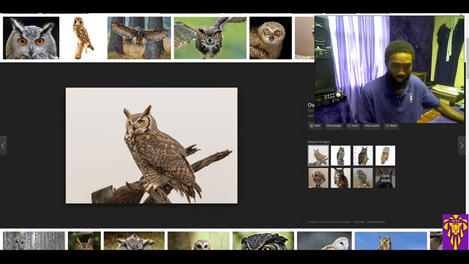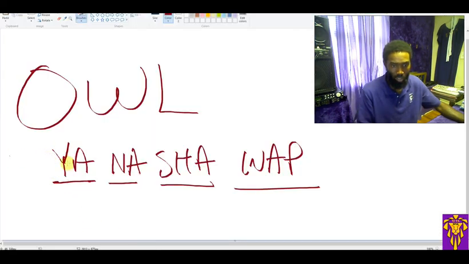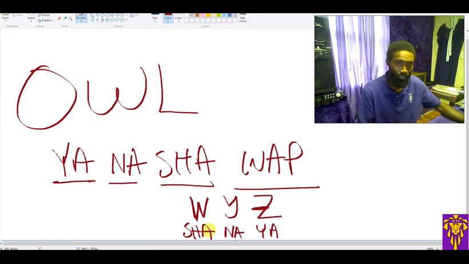So let's go back to the drawing board. Yanashawap, which is the owl. And we're going to write it in the Paleo-Hebrew from right to left. So let's get into it. So as you can see, we have Ya, Na, Sha, and Waf.